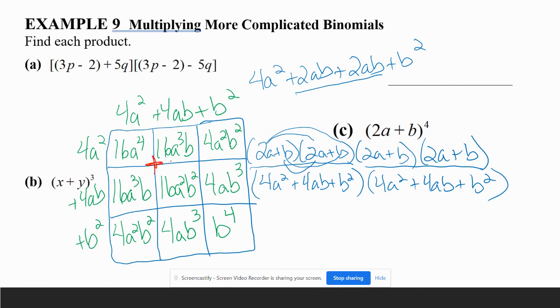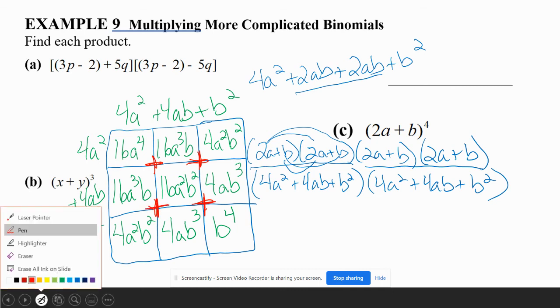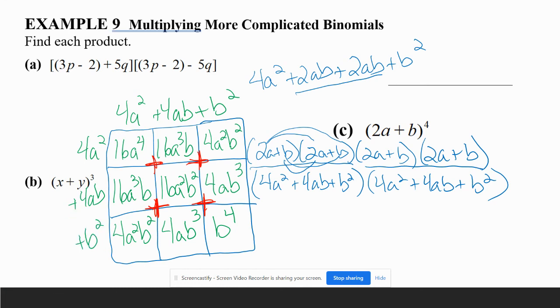Again, remembering that these are a bunch of plus signs in here. So we're adding like terms on the inside. Well, 16a to the 4th has no like terms, so we have 16a to the 4th. These are like terms because we have a cubed b and a cubed b. So 16 plus 16 is 32 a cubed b.